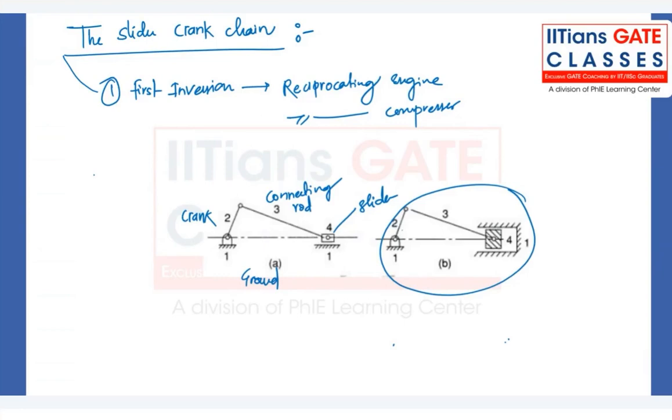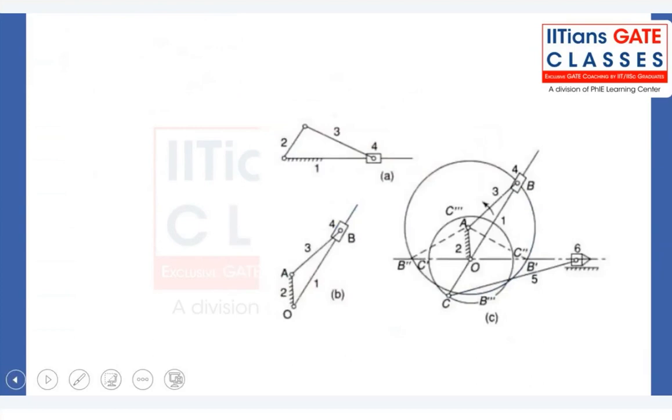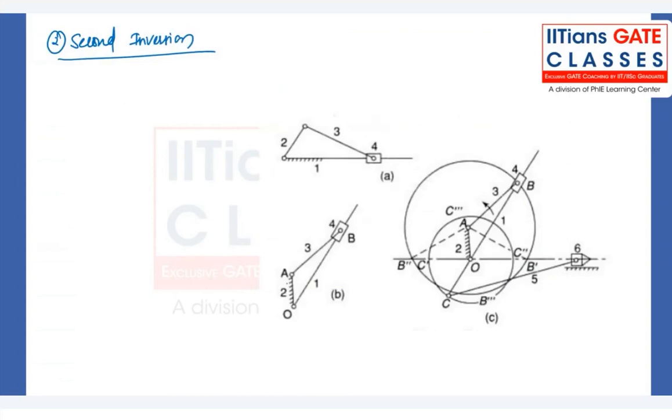Coming to the next slide, we have the second inversion. In the second inversion, link number 2 is fixed. Before, we were fixing link number 1, and now we have to fix link number 2. So this was our first inversion, and now this is our second inversion.